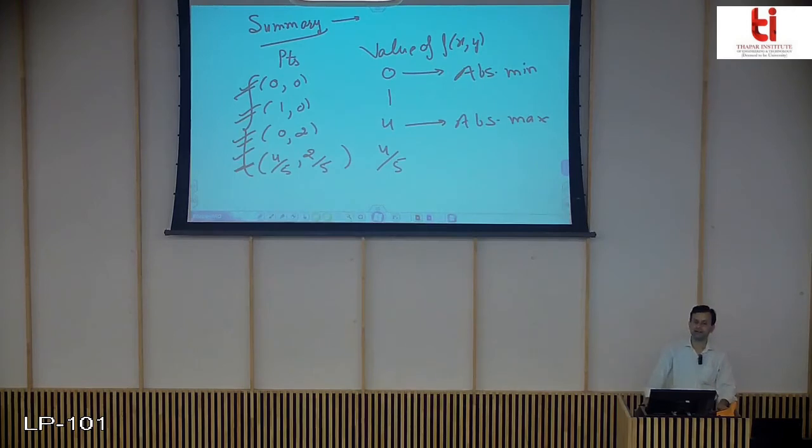Now, these can be local maxima or local minima; we are not saying absolute. If we go beyond this with the second derivative test, we will be able to find whether it is a local maxima, local minima, or at most a saddle point. But that will not help you check whether it is an absolute maxima or minima. That can only be checked when you write all the values of the function at these points and then compare those values.